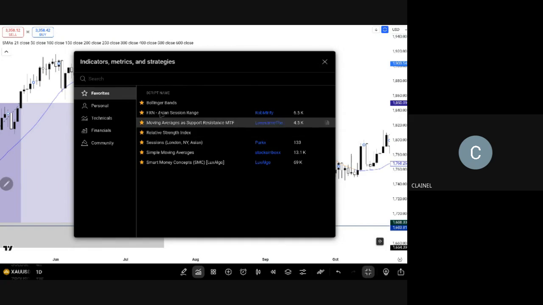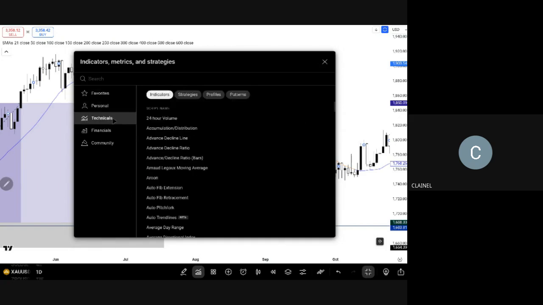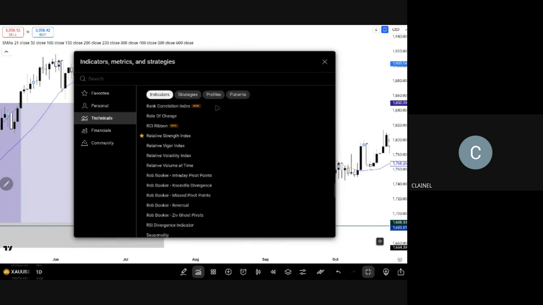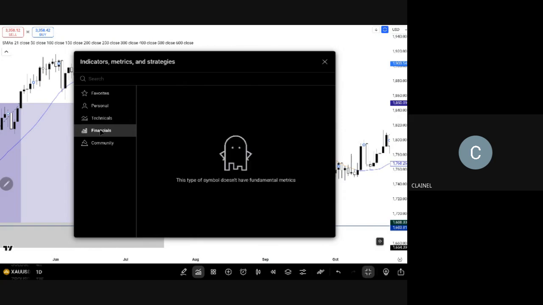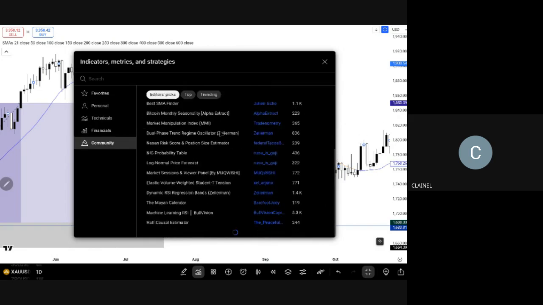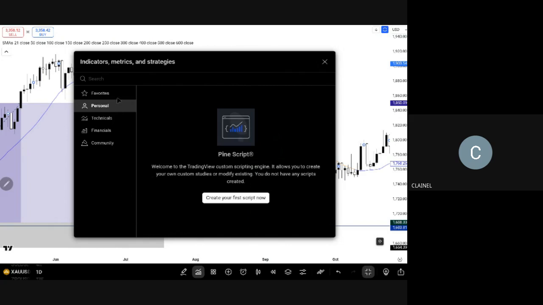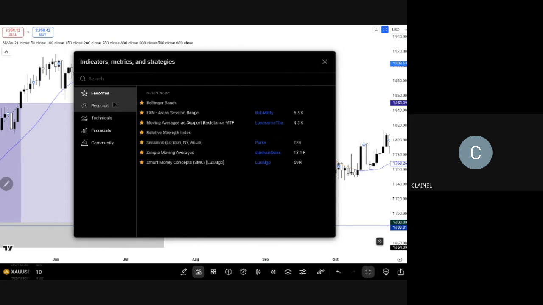We have your relative strength index. We have technical indicators, community indicators, personal, and favorites. When you see an indicator you like, you make it your favorite and it stores here, so instead of searching all over again, you can easily find it here. We have a Bollinger Band right here and so many.